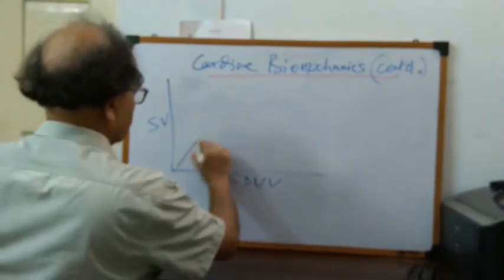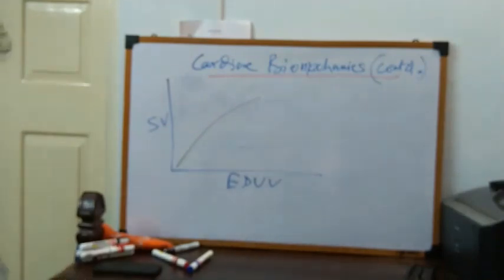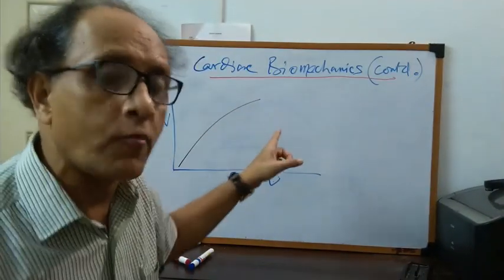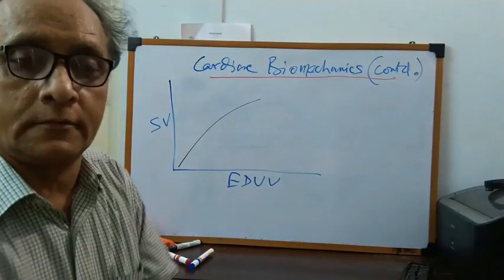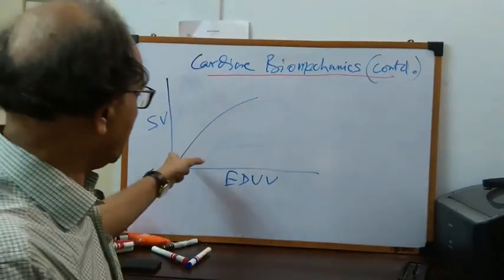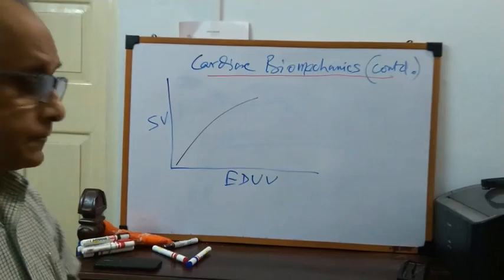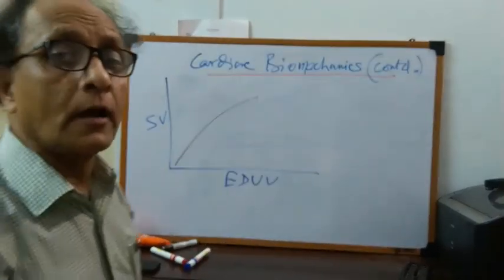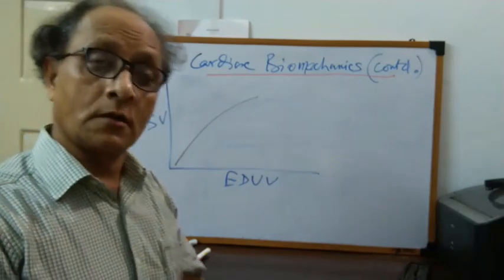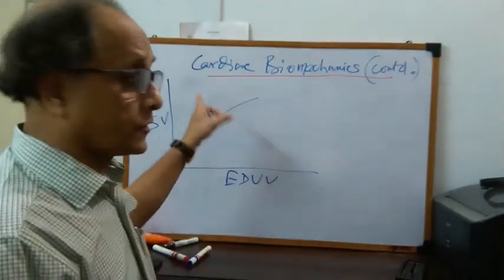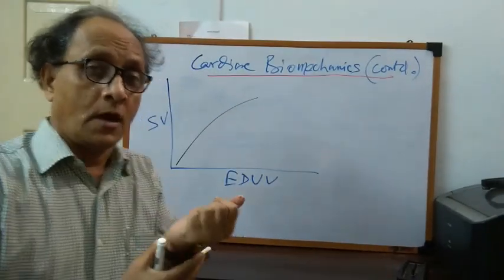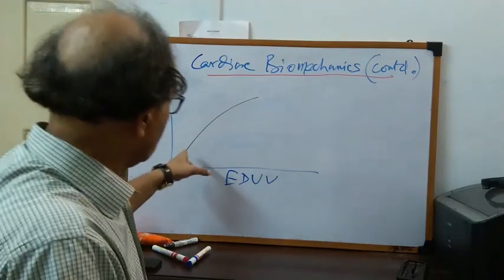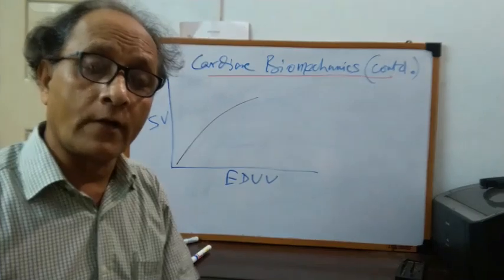I have here specifically drawn the ascending limb of the active tension curve. Now this curve is specifically known as the ventricular function curve or ventricular systolic function curve. I actually ended my last class by saying that. So this is a ventricular systolic function curve.